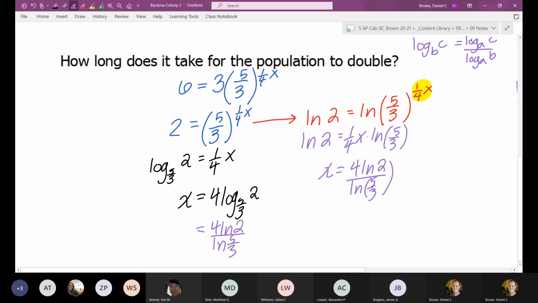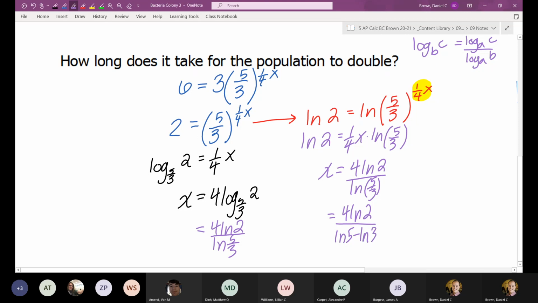And if you're feeling really fancy, because I know you are, you're just like, Mr. Brown, just show me all the ways you can rewrite this problem. That denominator is the natural log of 5/3. That's a quotient inside of a logarithm. You could have written that as 4 natural log of 2 over the natural log of 5 minus the natural log of 3.